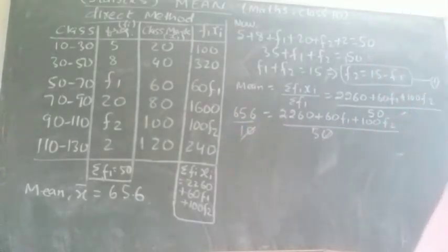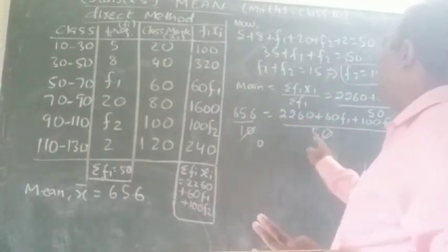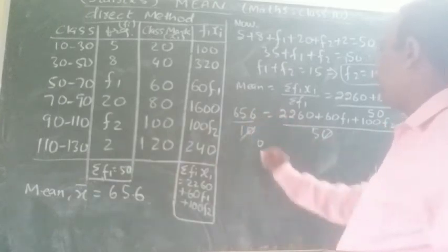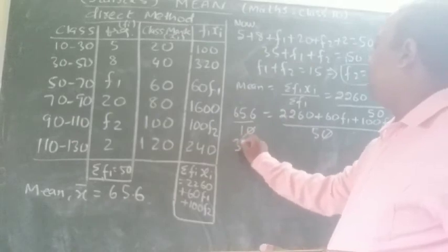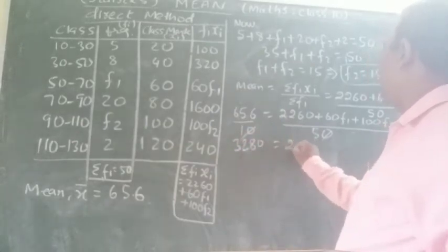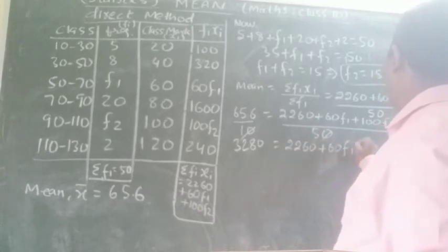Now 5 multiply this: 5 6s are 30, carry 3; 5 5s are 25 and 3 is 28, carry 2; 5 6s are 30 and 2 is 32. So 3280 equals 2260 plus 60 F1 plus 100 F2.